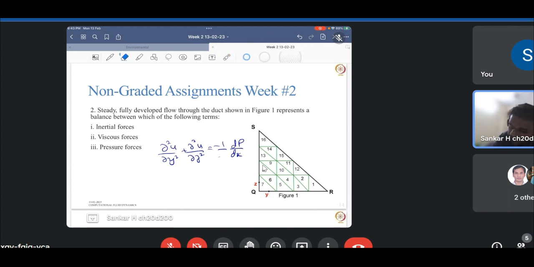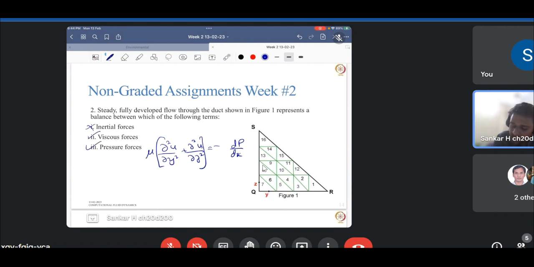I'll just rewrite this as mu times d²u/dy² plus mu d²u/dz² should be equal to minus dp/dx. What is the physical significance of these two terms? This is what is known as the pressure forces, and this is known as the viscous forces. For a fully developed laminar flow, we don't have to worry about the inertial forces. We just have to worry about the pressure and viscous forces.